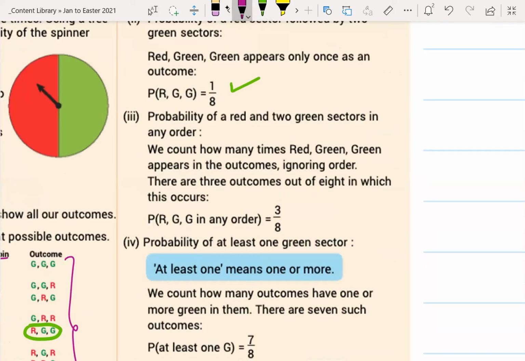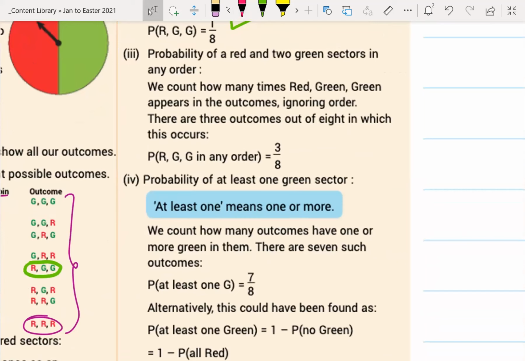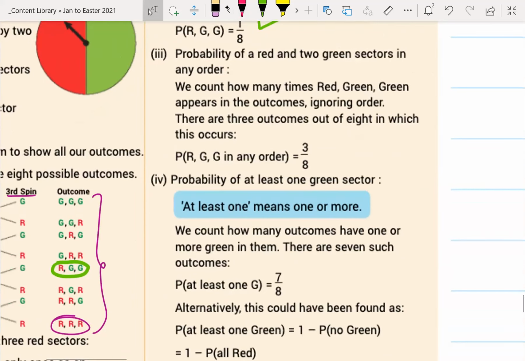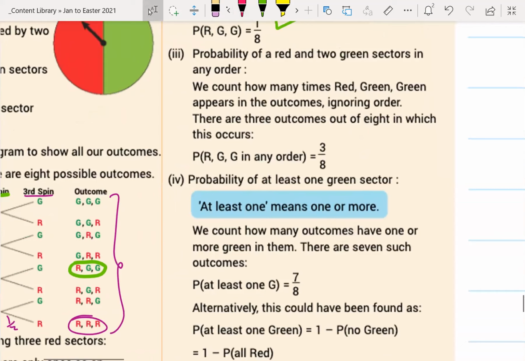And the last, I think, no, it's the second last: probability of getting a red and 2 green sectors in any order. So basically getting a red and 2 greens in any order. We count how many times red, green, green appears in the outcomes, ignoring order. There are 3 outcomes out of the 8 in which this occurs.